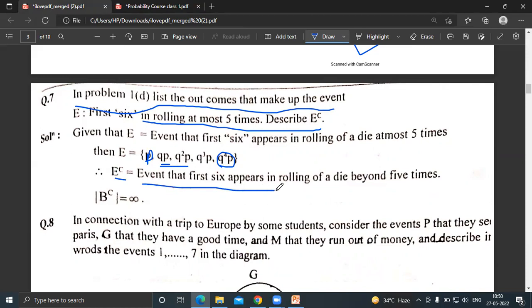The event that the first 6 appears in rolling a die beyond 5 times. So excluding 5 times, how many times are there? We have to write it, but we don't know exactly how many times we have to roll the die. So for that case, that is E complement, not B complement here. Okay, that is one tricky question.